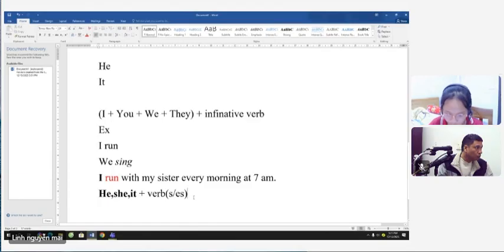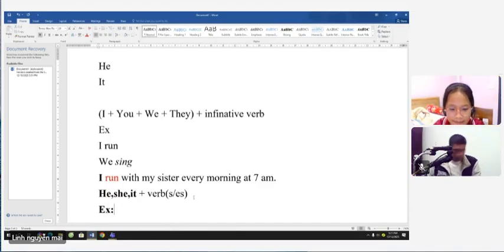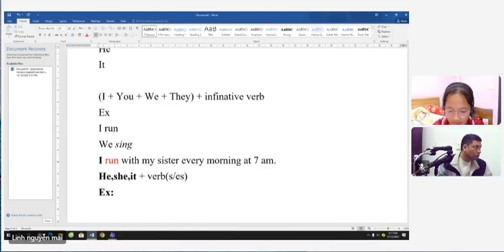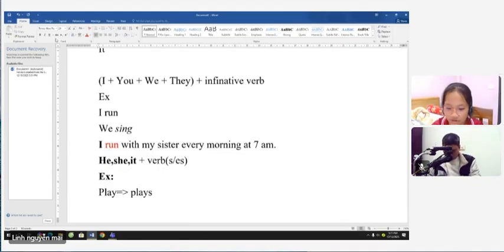So, for example, here's an example of this one. Like, play. It will become plays. Read. It will be reads.